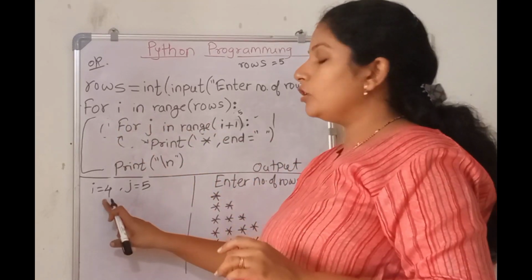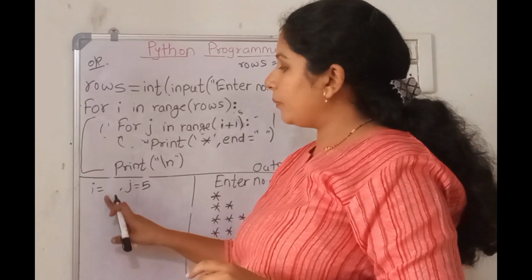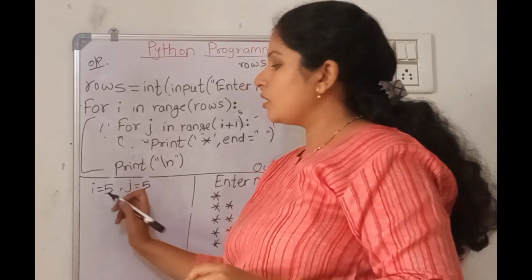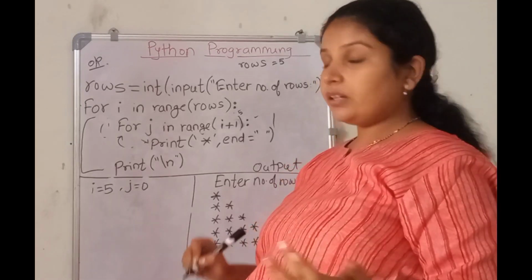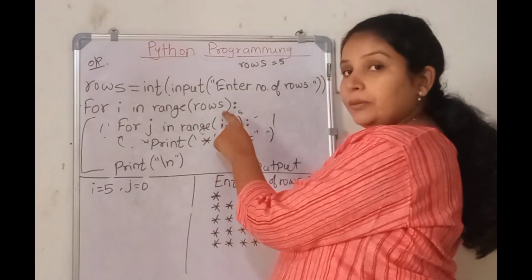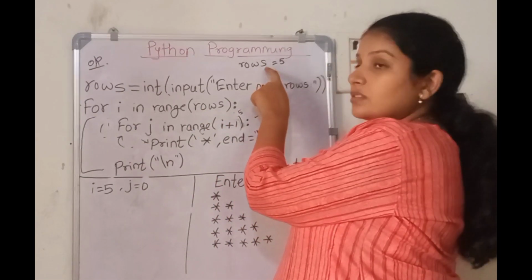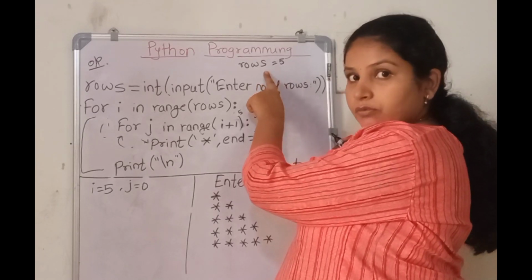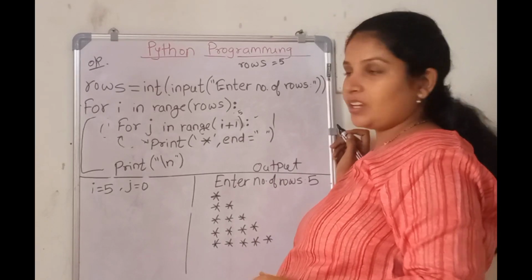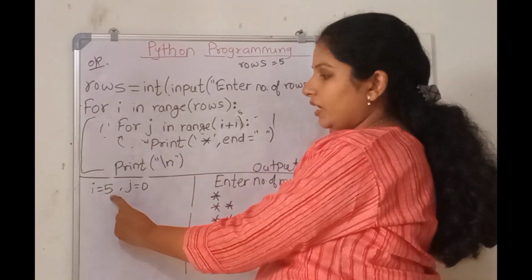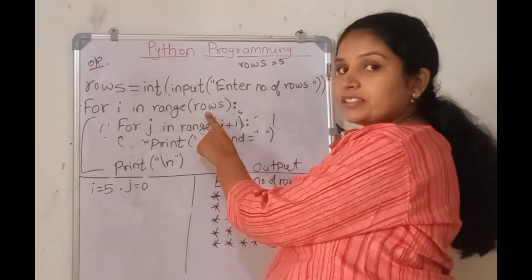Now here I value was 4. It will be incremented by 1. Now I value is 5. J will be reset to 0. But here we have put the end limit as rows, and our rows value is 5. That means our count is 5. We have reached the end limit for I. So I, which is 5, is not less than rows.